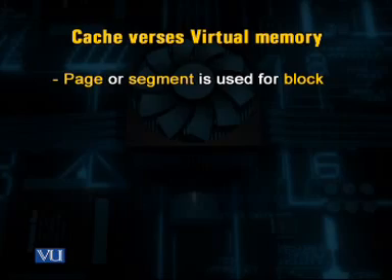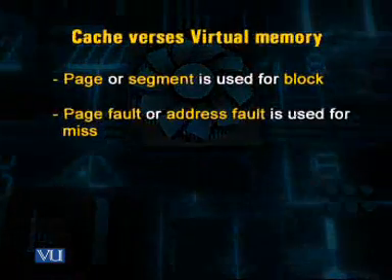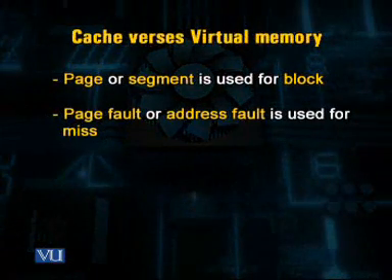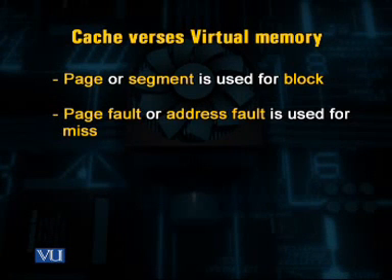However, the fixed size blocks in virtual memory are referred to as pages, and the variable sized blocks are known as the segments. Furthermore, the terminology page fault or address fault is used in virtual memory corresponding to the misses in cache.